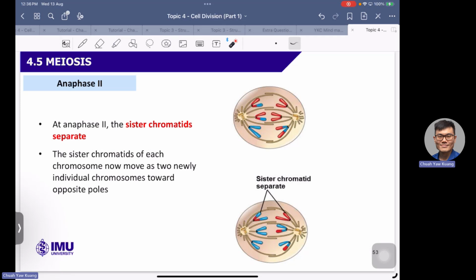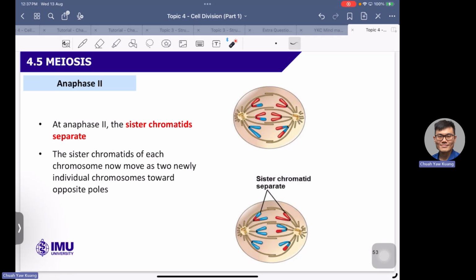So how to differentiate between anaphase and anaphase 2? Both of them are separating the sister chromatid, but their genetic content is different. In mitosis anaphase, all of these sister chromatids are genetically identical because no crossing over occurs.